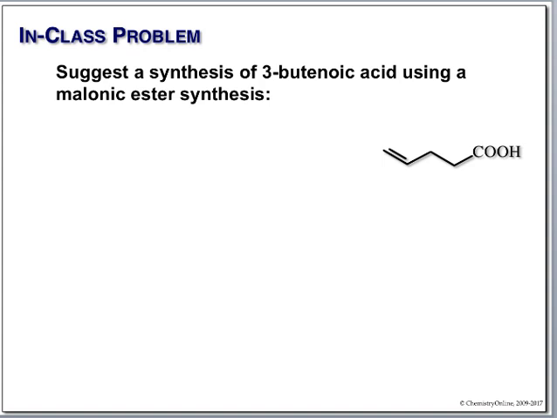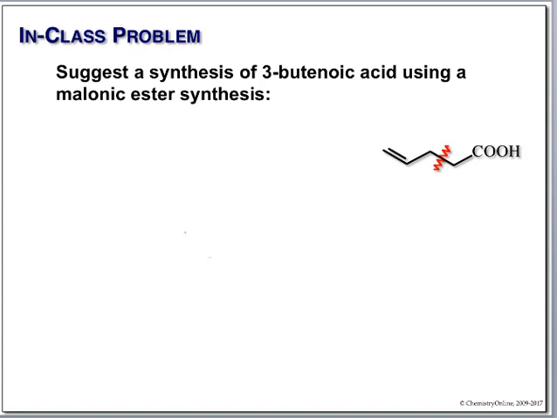That's what used to be the diethylmalonate. So identify the acetic acid portion. In this case, it's the CH2 and the carboxylic acid. So what did we add? We added a CH2 and a double bond. How did we add it? With an SN2 reaction.